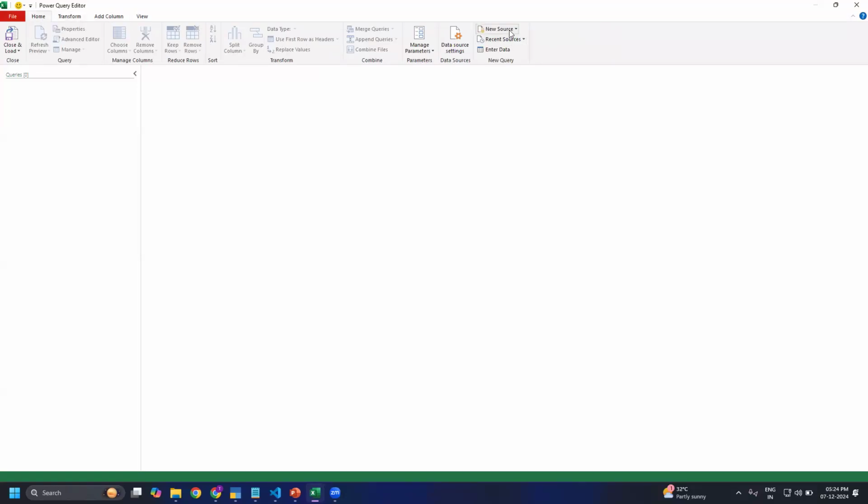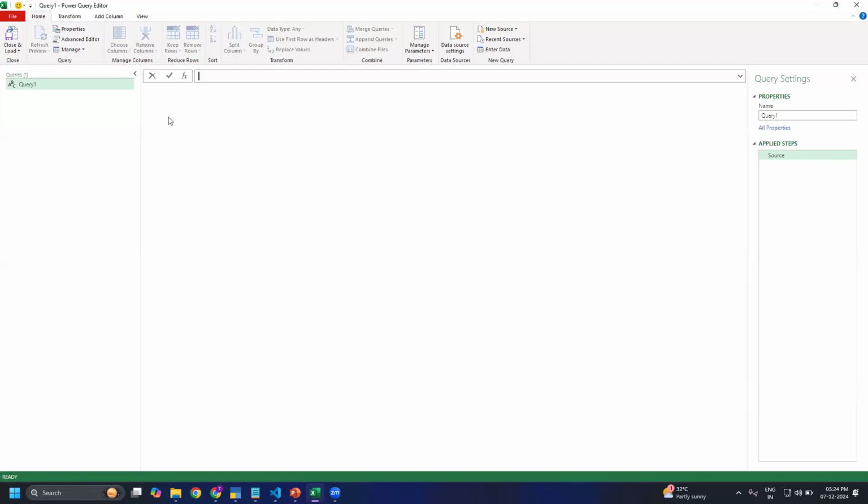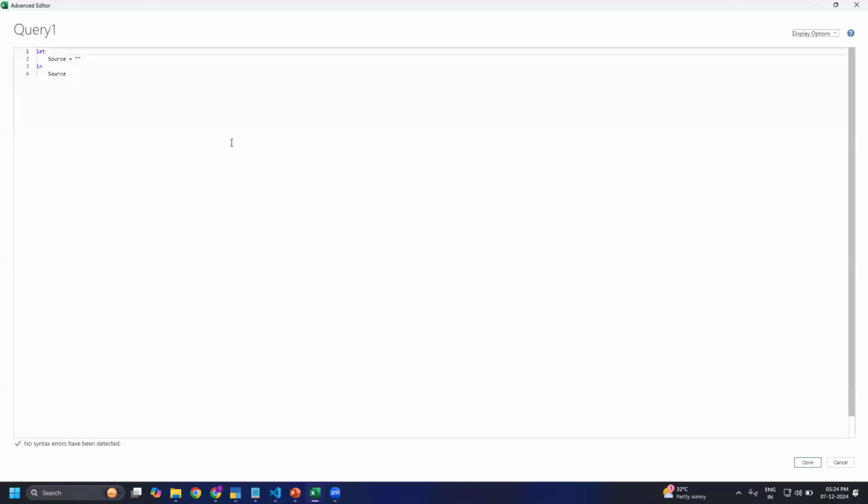In the Home tab, we have to select New Source, and go through Blank Query, and it will open a blank query. After this, we have to click on the Advanced Editor option. So I clicked on Advanced Editor. It's a plain blank page with these two functions.